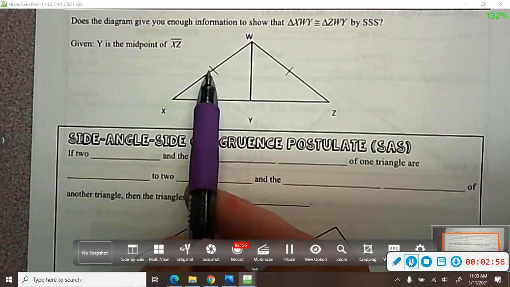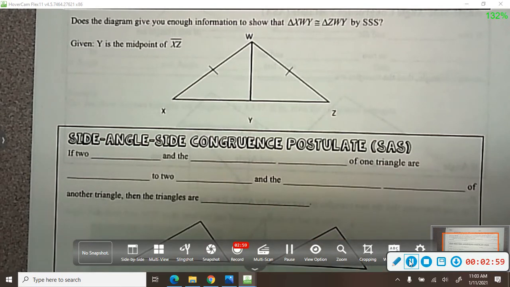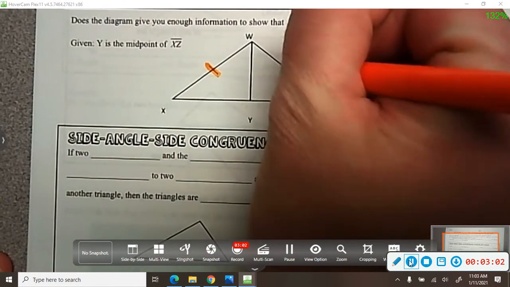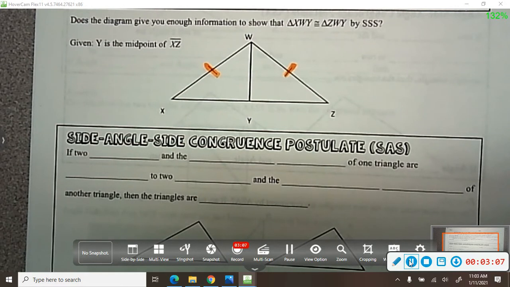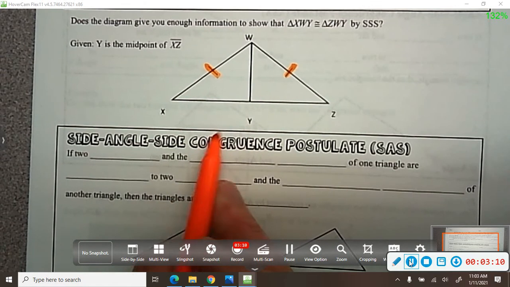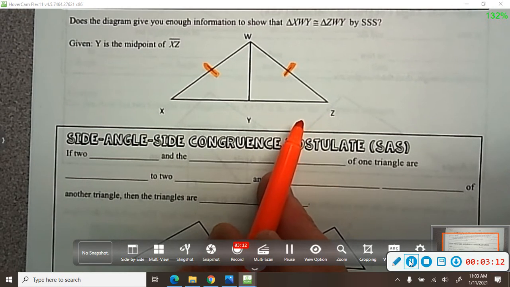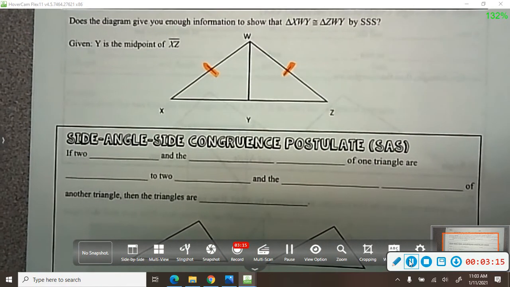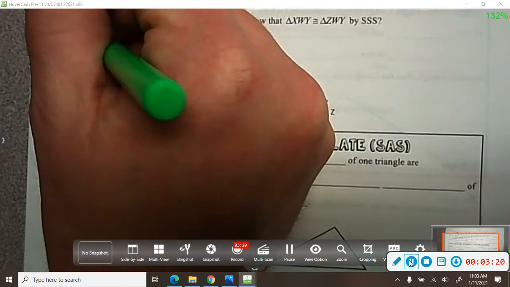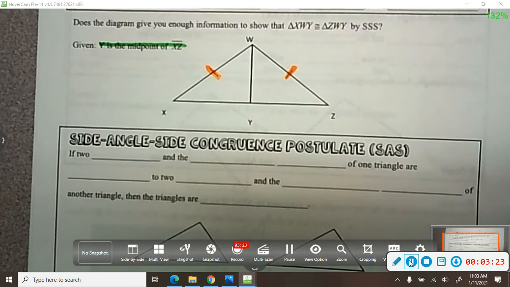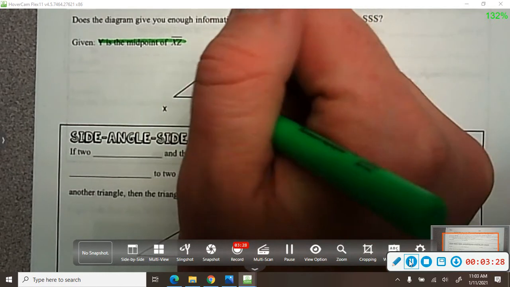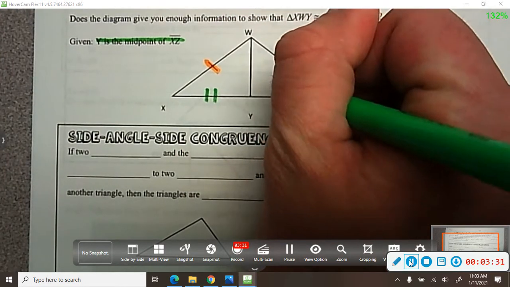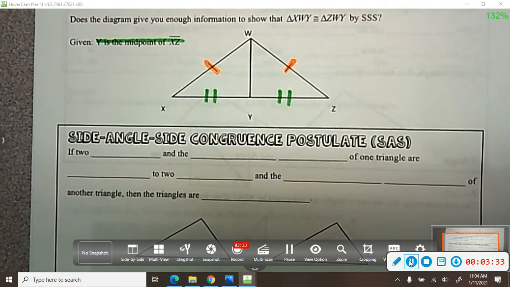The first thing they tell me is that this side equals this side. And then they also tell me that Y is in the middle of X and Z. Well, if Y is in the middle, by definition, they are congruent, because Y is the midpoint.